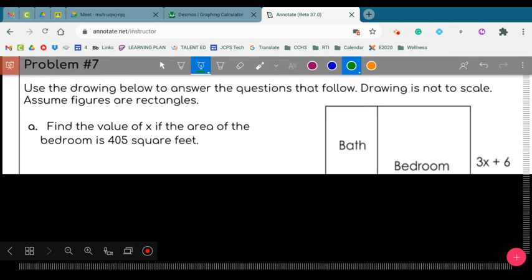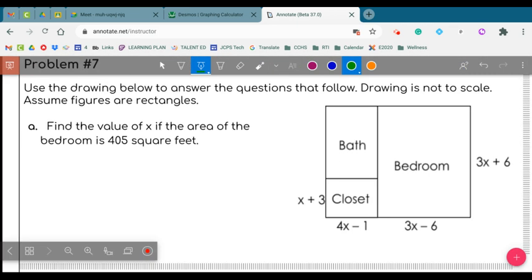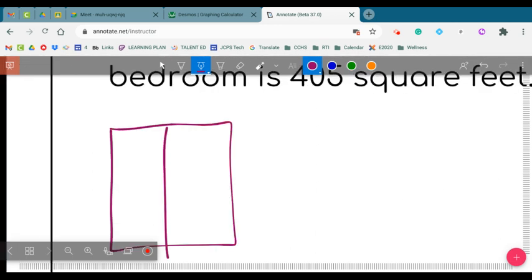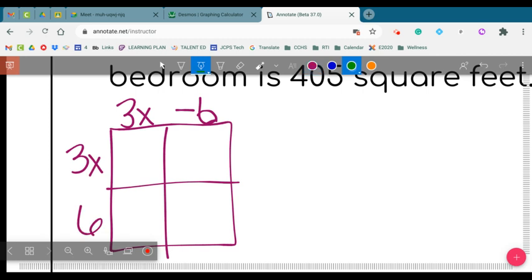Okay, number 7 says use the drawing to answer the following questions. Drawing is not to scale. Assume figures are rectangles. So find the value of x if the area of the bedroom is 405 feet. So we have to find the bedroom. So we first have to multiply our sides. So let's create our box. 3x minus 6, 3x plus 6.